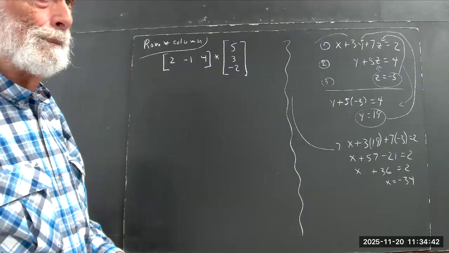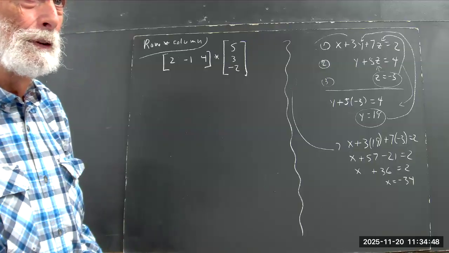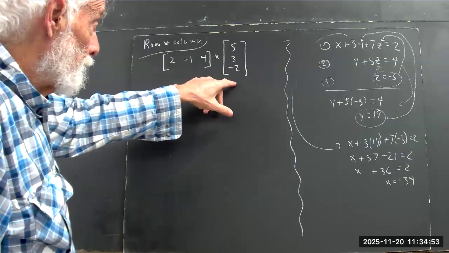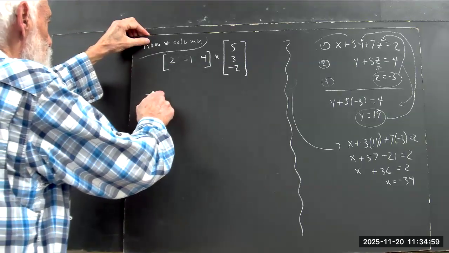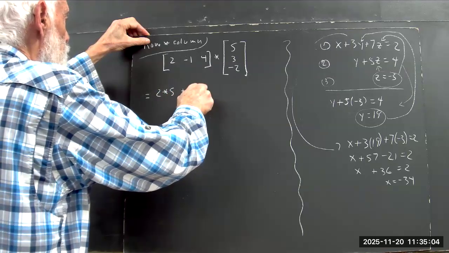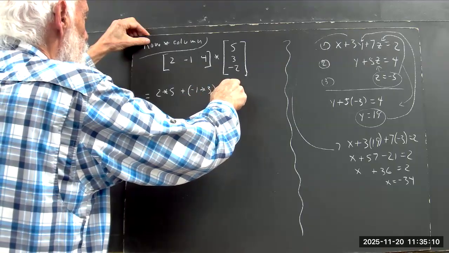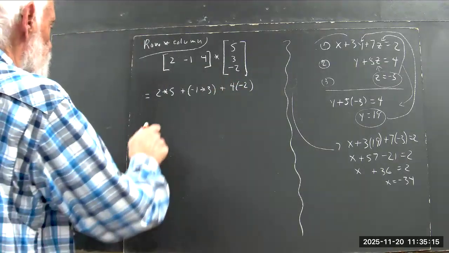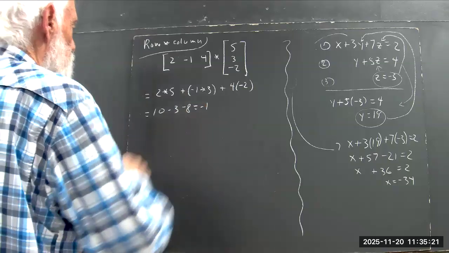And I'm not going to show you that because you're probably never going to get into tensor analysis, and if you do, you'll understand it pretty quickly. Okay, so anyhow, we have this row times this column, and let's see if you can see what I'm doing. Here's 2 times 5 plus -1 times 3 plus 4 times -2. And of course, then we can do the arithmetic and get 10 minus 3 minus 8, which is -1.